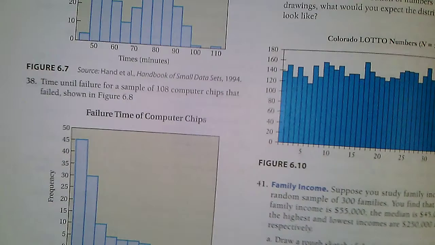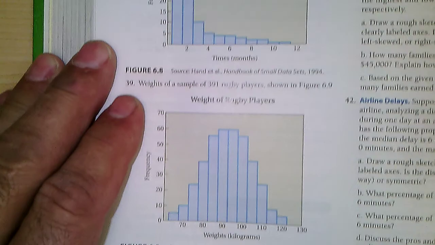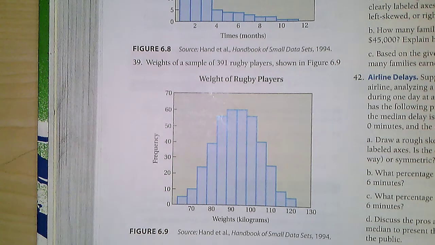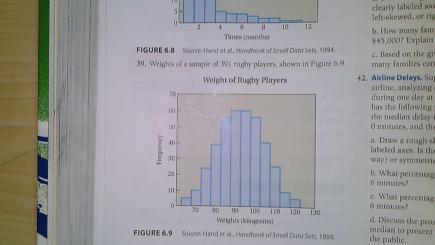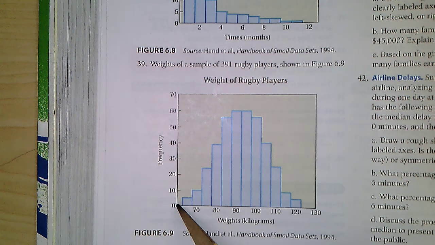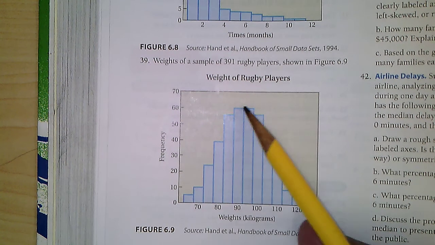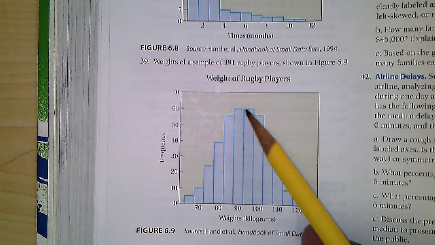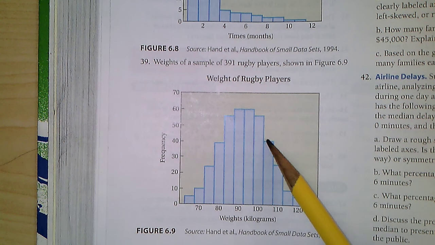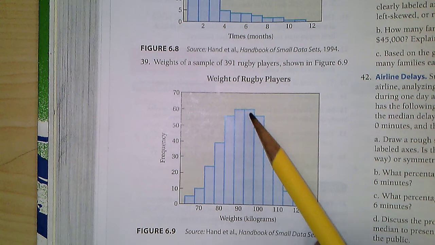So if I were to draw through this one, I would draw a curve that goes like this and smooth it out and come down, hitting kind of the center of the tops of each of these.